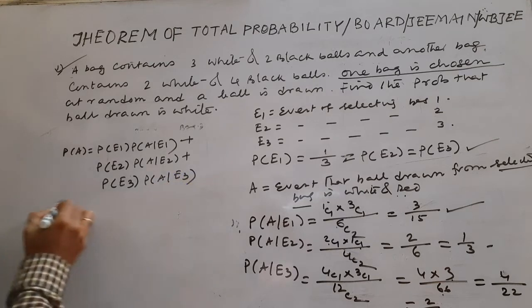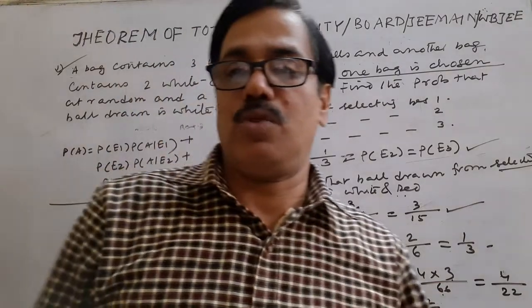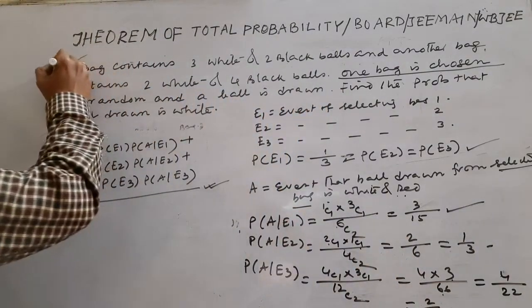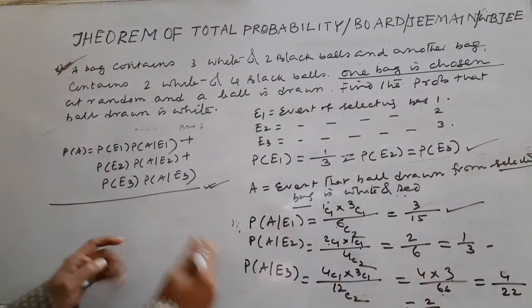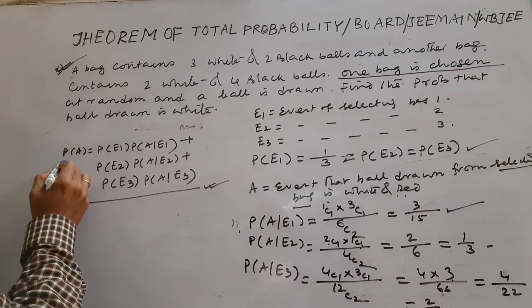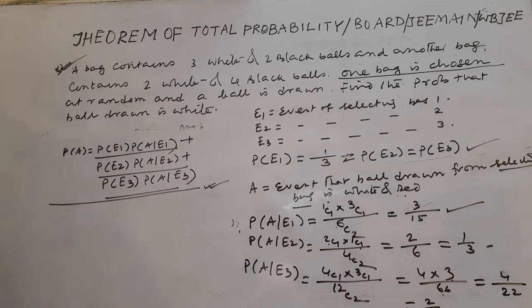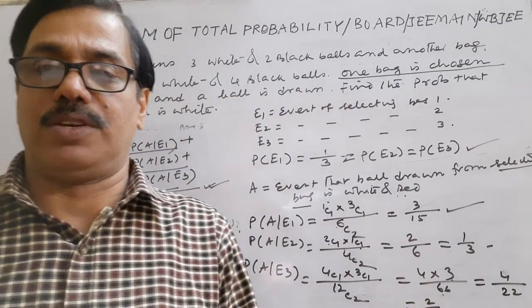So this is our formula. Put the values and we get PA. So this one is very, very simple. Why it is called total probability: getting A from bag 1, this is 2, this is 3. We are adding it. That is why it is called total probability.